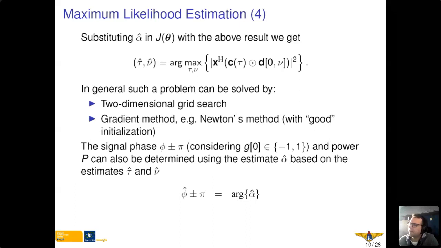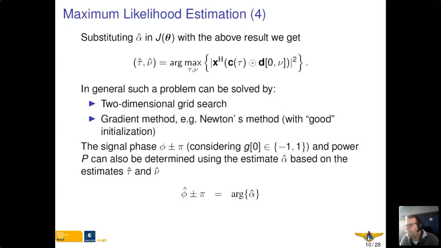We cannot apply a gradient search from the beginning, but as we have discussed already, the complete parameter estimation process in our approach is a two-step approach. First, grid search for the initialization, and then we use a gradient method to further refine the estimates. And the grid search is performed at a more coarse resolution with respect to the parameters.